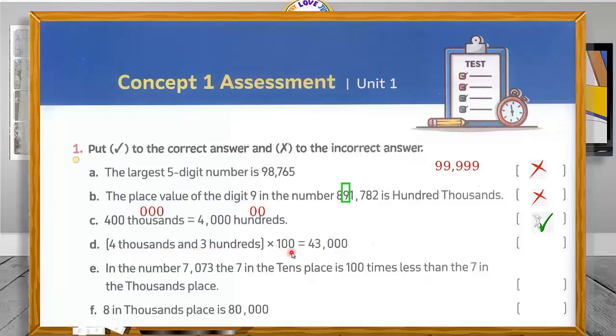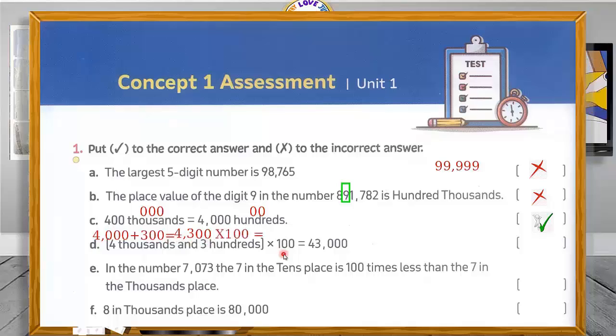D. 4,300 times 100 equals 430,000 or 443,000. We will see now. Write the number between the brackets in standard form. In the first, 4,000 plus 300. Make addition between them. 0 plus 0 plus 0 equals 0. 0 plus 0, 0. Put 2 zeros out. 3 plus 0 is 3. And 4 plus nothing, 43. The answer is 4,300. This number is multiplied by 100.